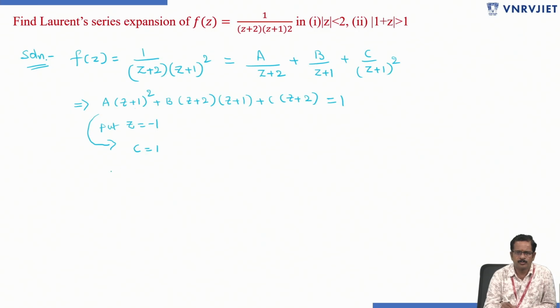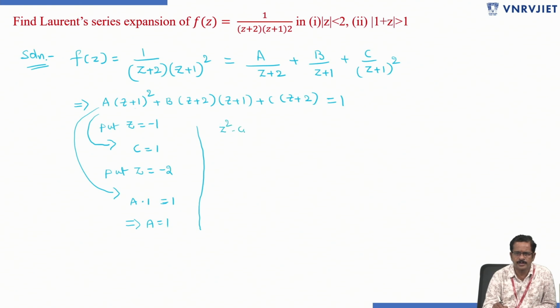Put z equals minus 2. Then A into 1 is equal to 1, so A equals 1. A is 1, C is 1, but we require B. To get B, I am taking z square coefficients.